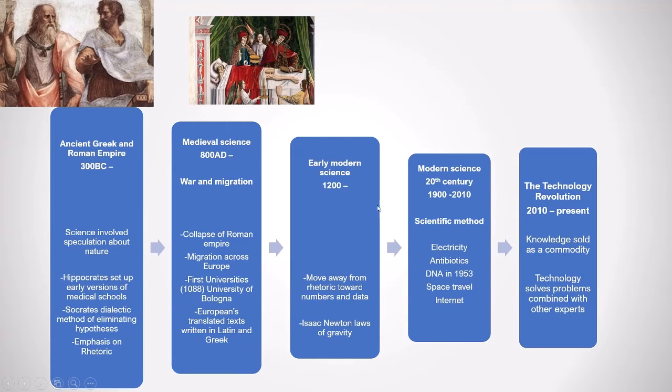And we've got, during this period, the formation of laws like gravity from Sir Isaac Newton, and really the beginnings of science as we know it. Whereas in modern science, in about the 1900s to the recent century, we've got huge advances.